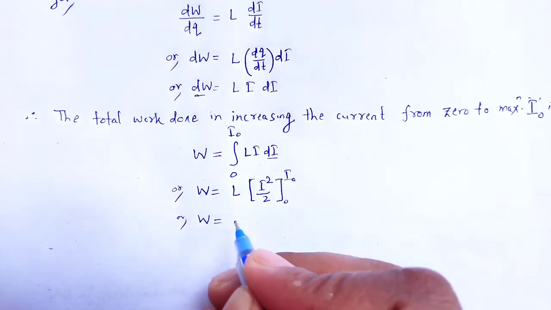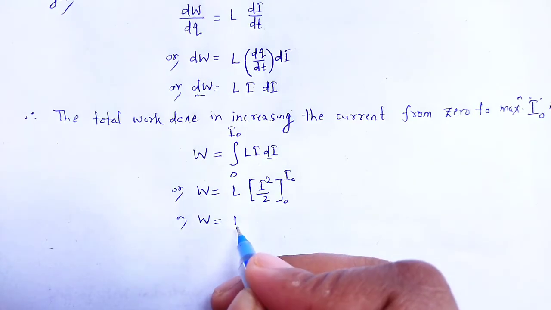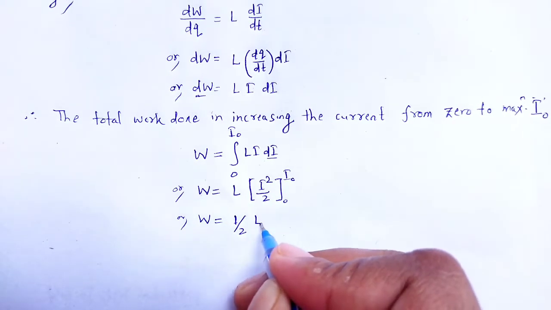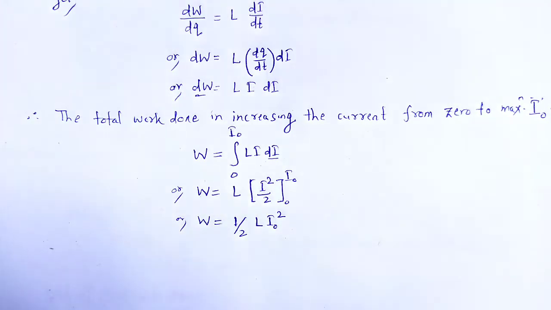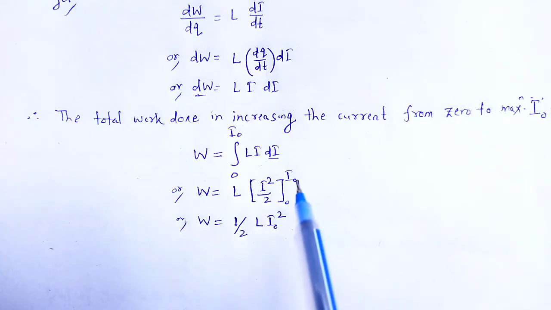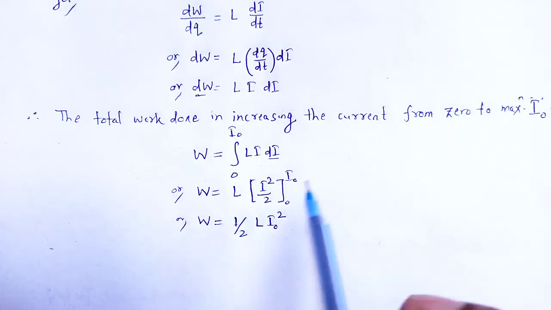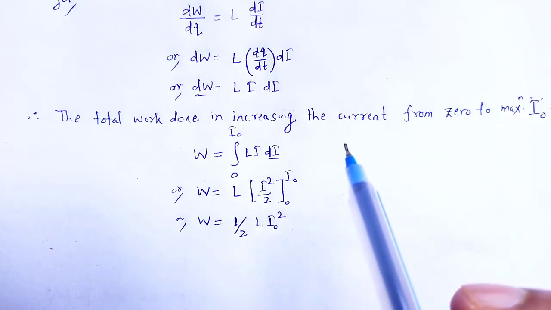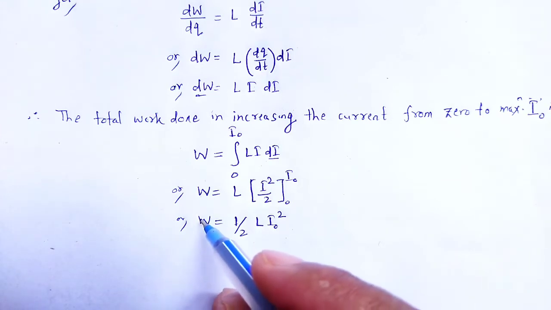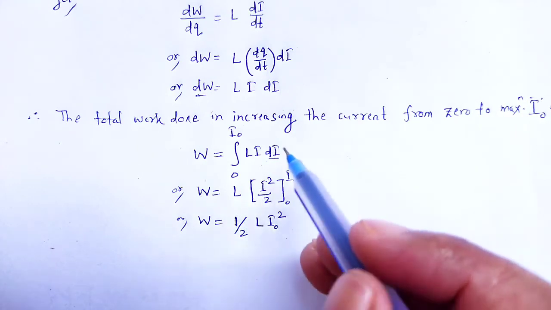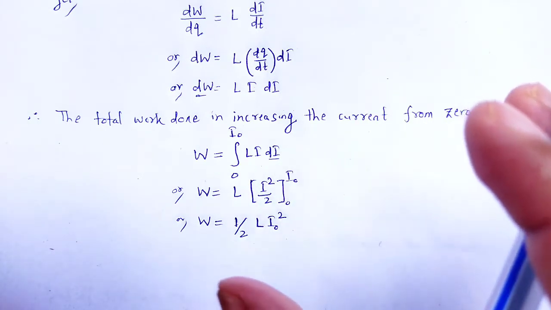So we have W is equal to half L I naught square. That amount of work done in increasing the current from 0 to its maximum is used to store the magnetic energy. So the work done in increasing the current becomes the energy U of the magnetic field.